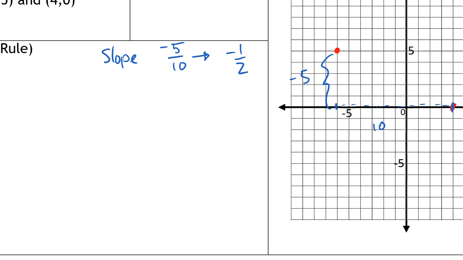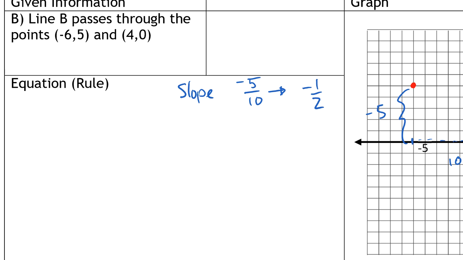There's a couple things I could do to figure out what the y-intercept is. I could see it's somewhere in here, and if I graphed it really accurately, I could get exactly what it is. But I'm going to use one technique, where we take the fact that it is a line, and we're looking at y equals mx plus b. From there we can plug in our slope, which we found to be -1/2.